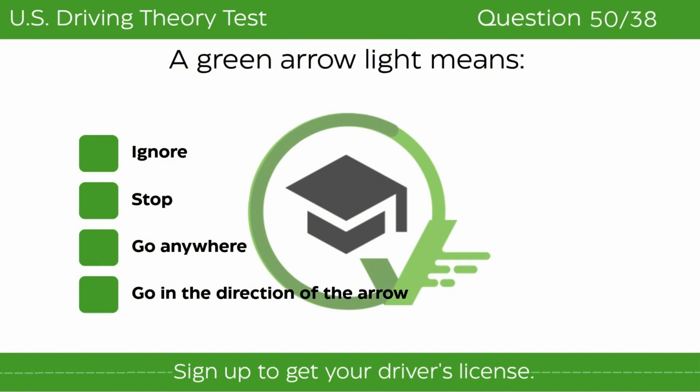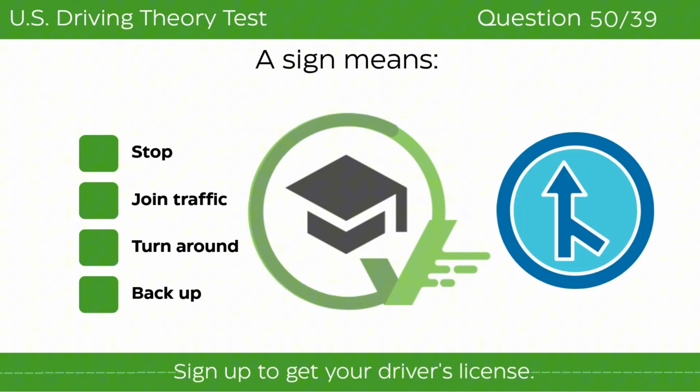A green arrow light means D. Go in the direction of the arrow. Question 39. A sign means B. Join traffic.